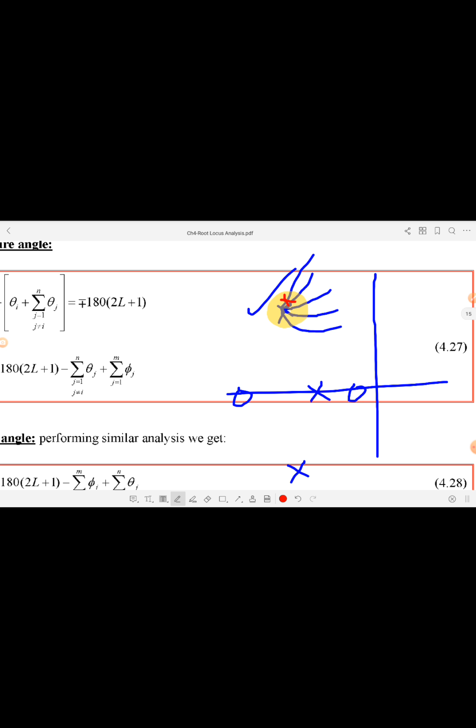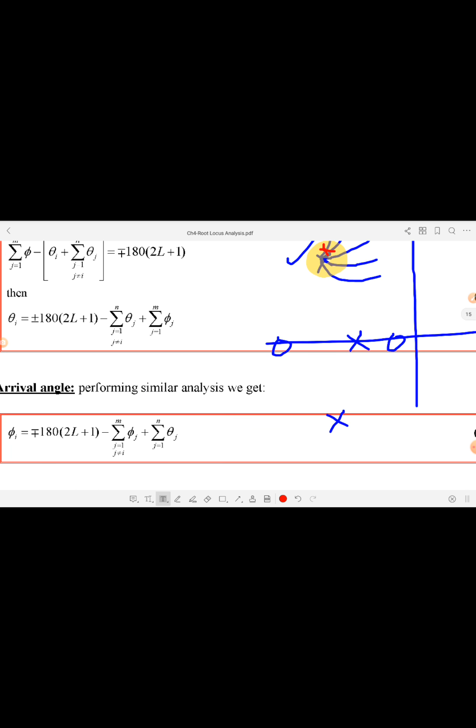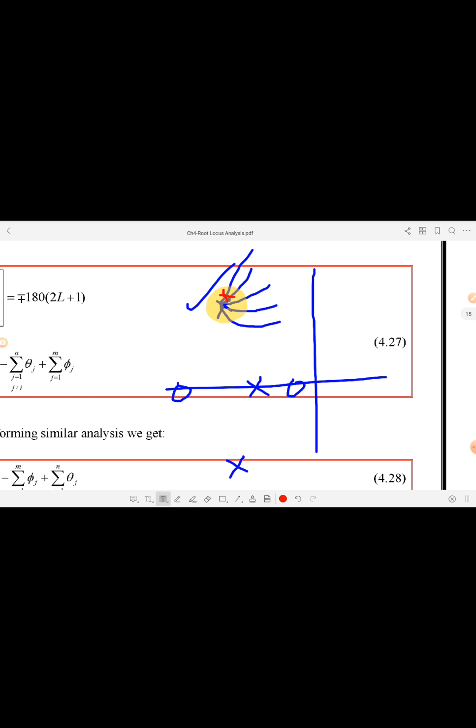This means that when we apply the angle condition from all other poles and zeros, the test point and the concerned pole will be at the same location if we look at them from all other poles and zeros.